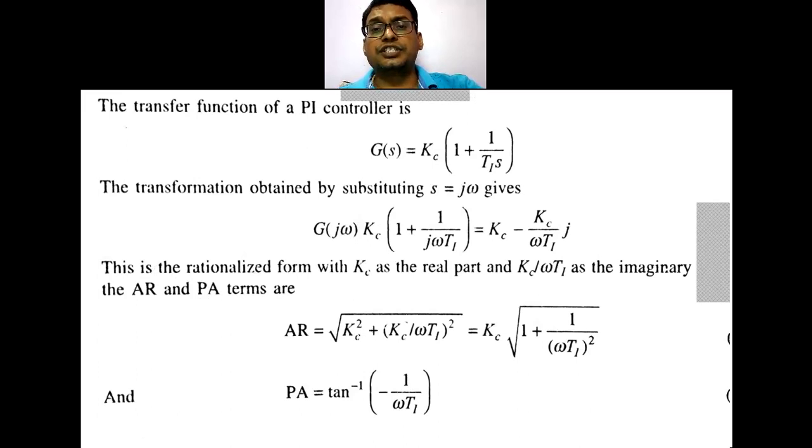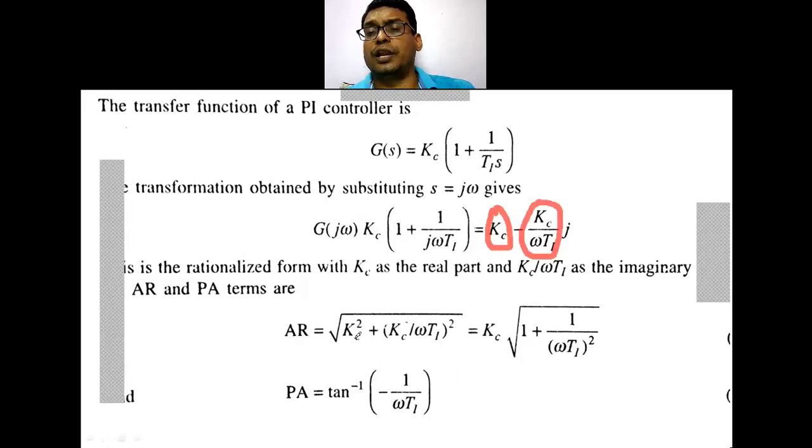The next is the PI controller. The transfer function for the PI controller, G(s), is equal to Kc into bracket 1 plus 1 upon tau I s. Converting into the complex plane, substitute s equal to j omega, simplify it, separating the real part and the imaginary part.